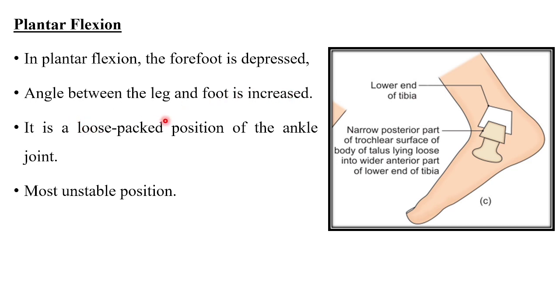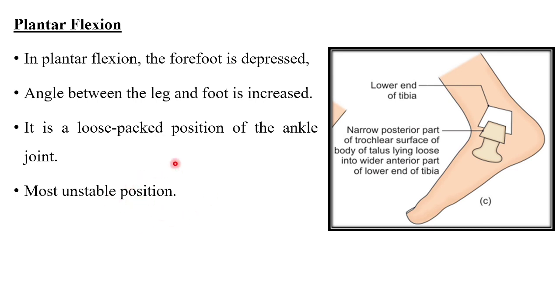In this position, the tibiofibular socket encloses the narrower posterior part of the trochlear surface of the talus, and some joint space is available between the tibiofibular ankle mortise and the narrower posterior part of your trochlea. So it is the loose pack position of the ankle joint, and this is the most unstable position of the ankle joint. The range of motion is 45 degrees, and plantar flexion is innervated by the S1 and S2 spinal segments.